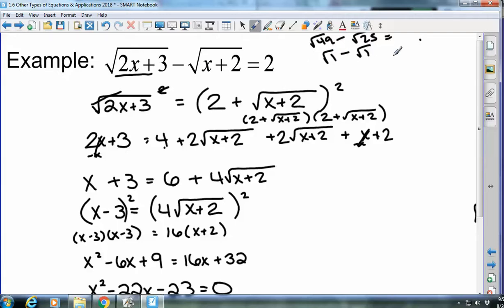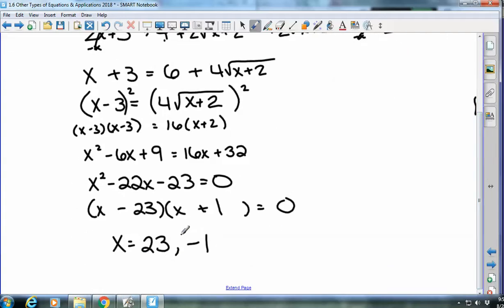Negative 1 plus 2 is 1. Radical 1 minus radical 1. That gives me 0. So does that work? No. So negative 1 does not work, and 23 is our only answer. The nice thing about these guys, if you're checking, you'll know if you got it or not.